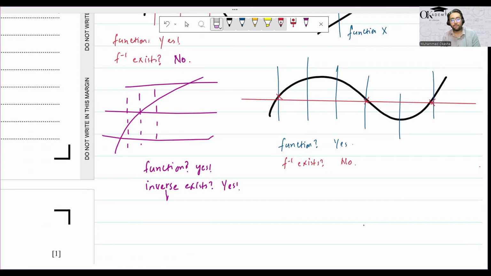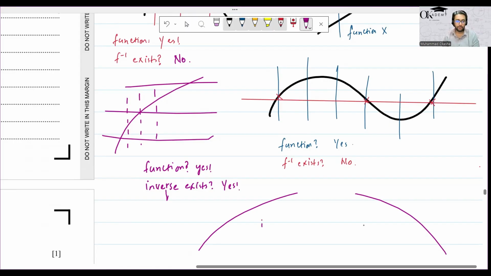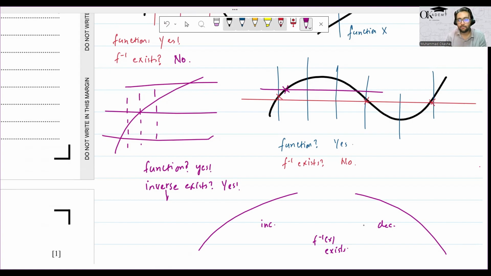So if you have a function that is forever increasing or forever decreasing, f inverse of x exists. F inverse of x does not exist only for those functions which are taking a turn. So if you have a turn, the inverse does not exist because then it will fail the horizontal line test.